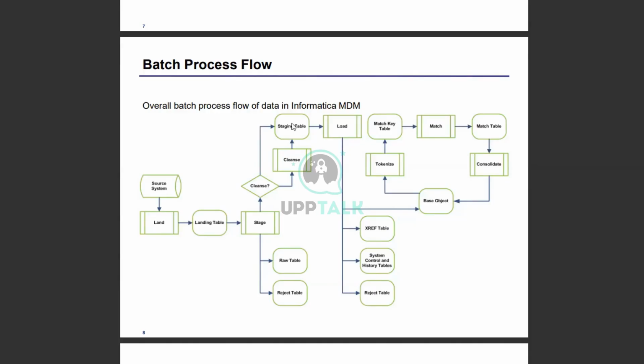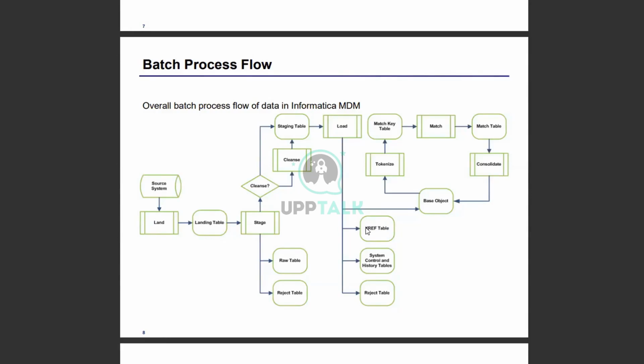Once the data is sent to the staging table, there is a load process. This process is called a stage process or stage job. The stage job sends the data from landing to staging by utilizing the mapping and the configuration for auditing and delta detection. When that data is in the staging table, a load job or load process happens. In the load process, it sends the data into three different tables. First is cross-reference.